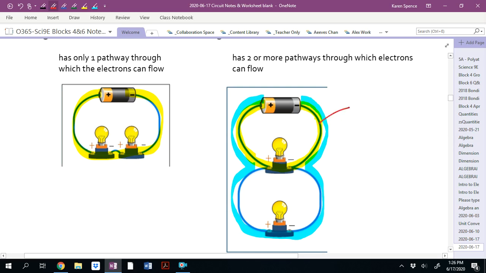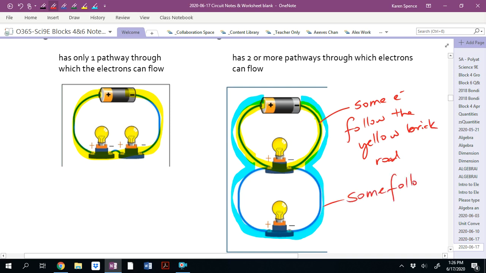Some electrons follow the yellow brick road, follow the yellow path, and some of them follow the blue path, which actually means that you're going to have more electrons flowing in the area where you have both yellow and blue than in an area where you only have yellow or an area where you only have blue.